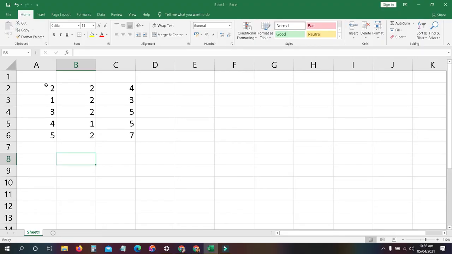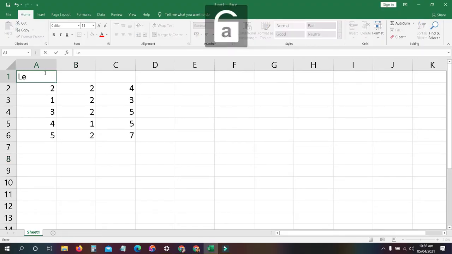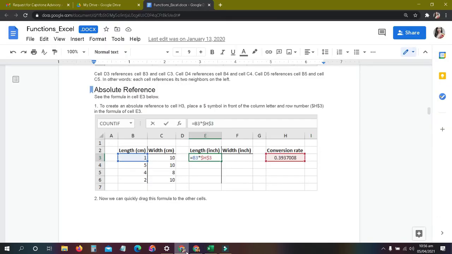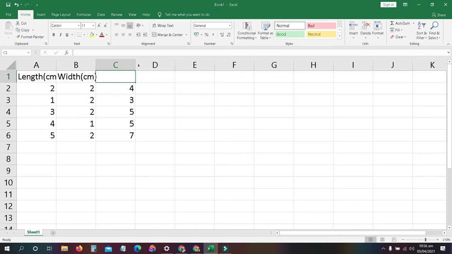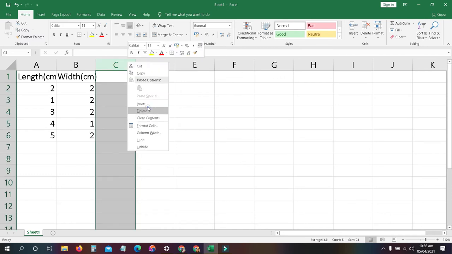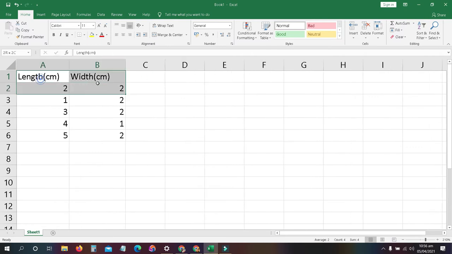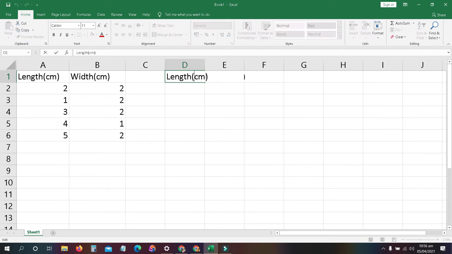Let's say that this is length in centimeters and width in centimeters. Then we are going to convert that one, so we will just delete this one for now. We are going to get the length and width, but this time in inches.